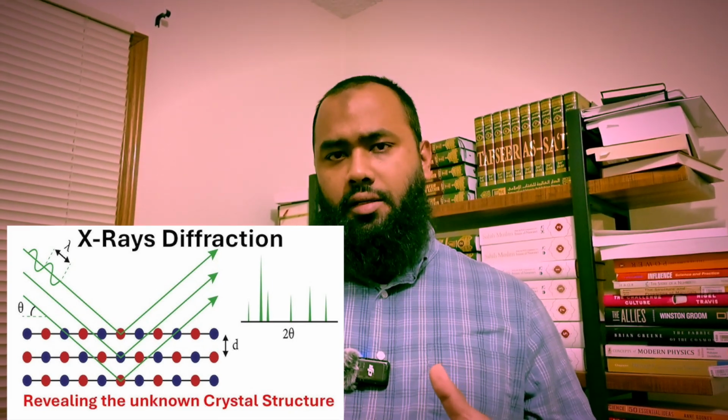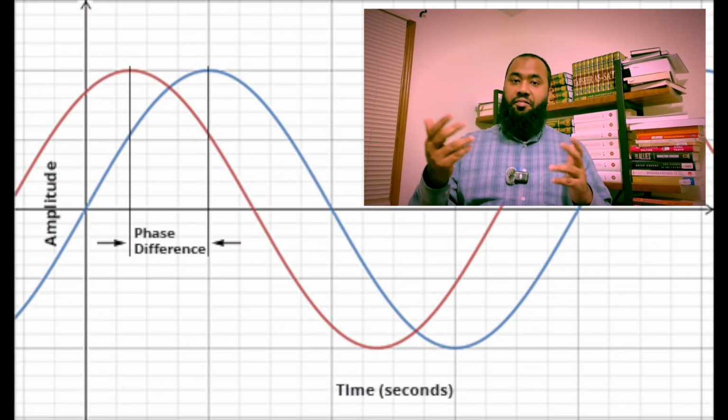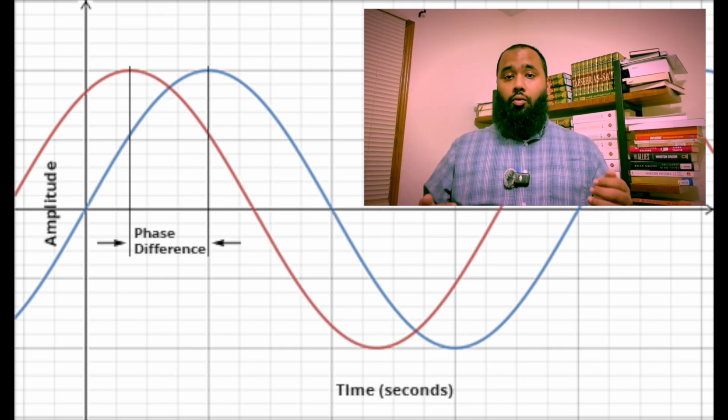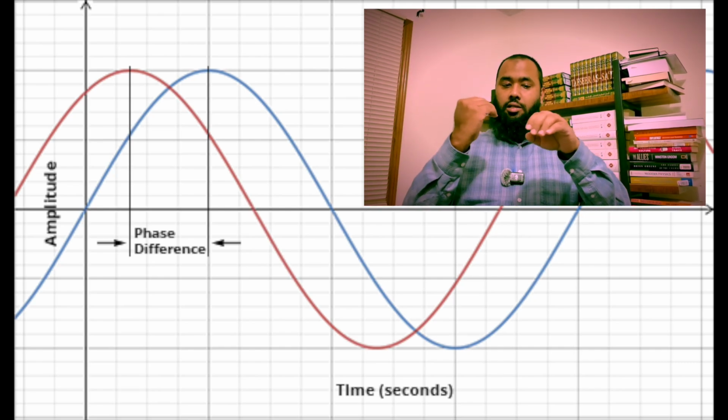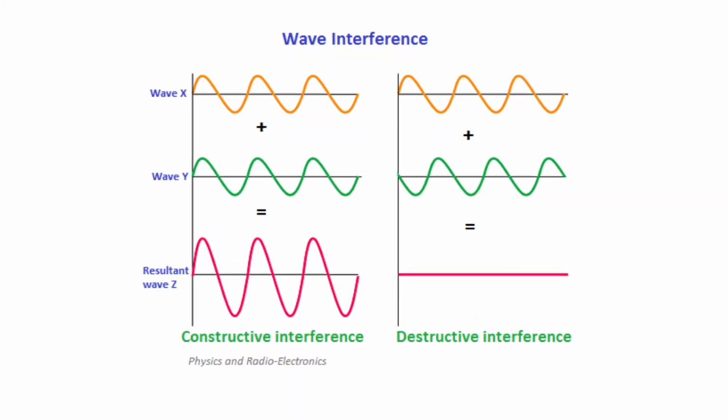Now, if you understand the basic principle of interference, when 2 waves come and meet at the same phase... With waves, you have amplitude and you have the phase, that means the timing. If 2 waves overlap each other at the same phase, you will have a constructive interference.